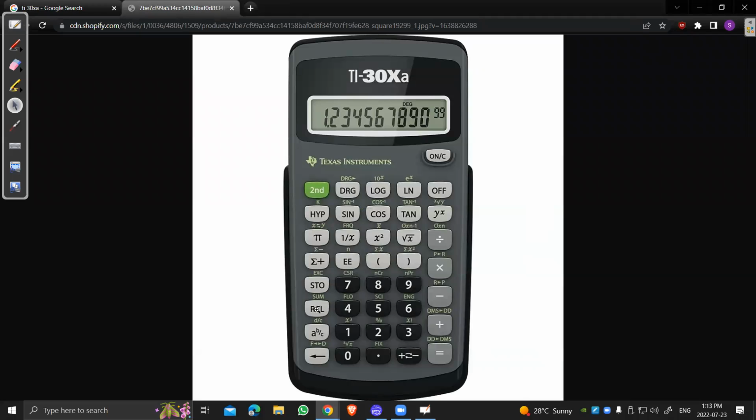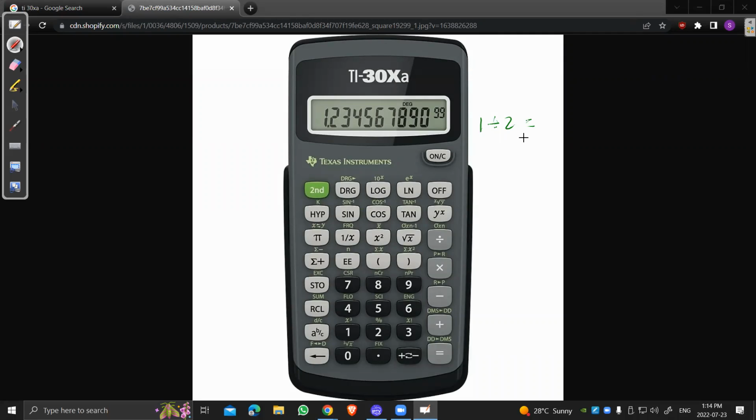Is there a thing called STO? Yes. Is there a thing called recall? Okay, here, try this. Do, I don't know, anything. 1 divided by 2 equals, and then press STO, and then press 1. Then what do I do?